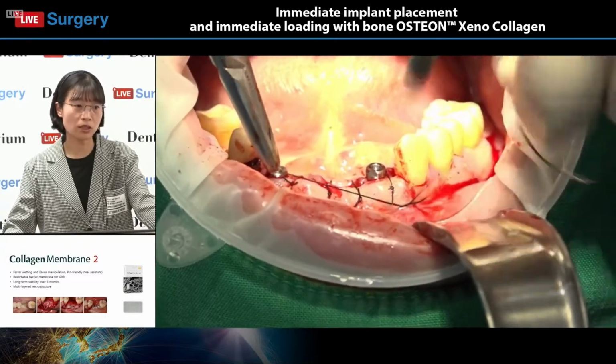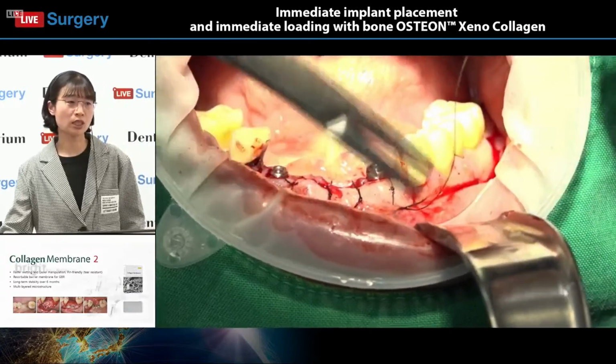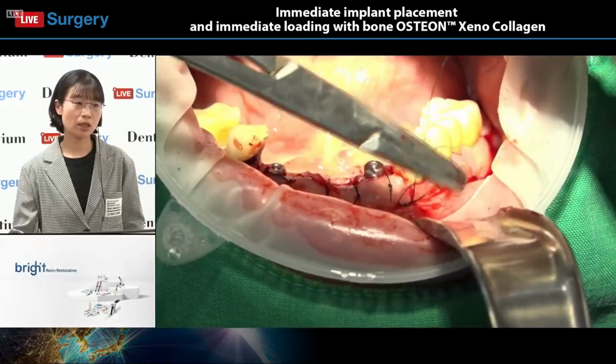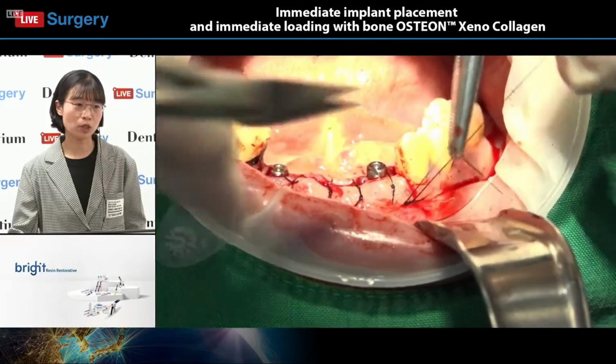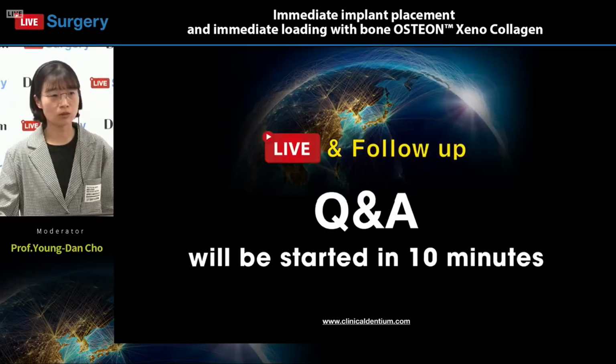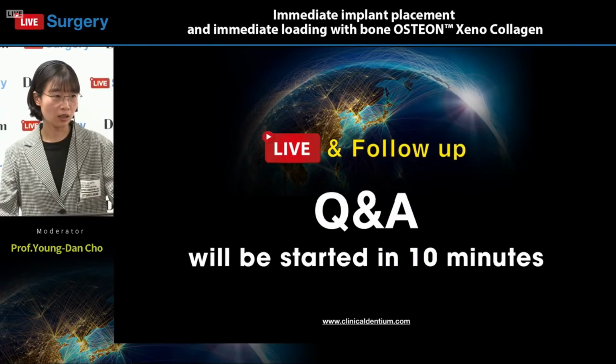So it can reduce the time for the surgery, and it is very convenient for us and also for the patient with the rapid surgery.